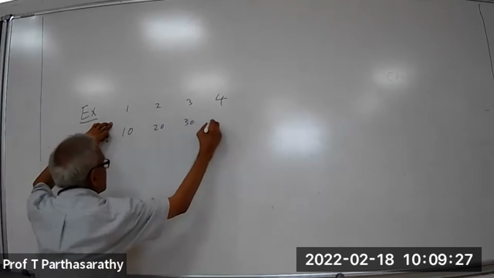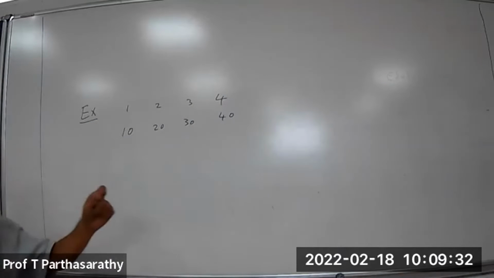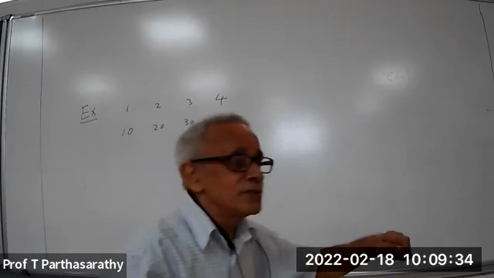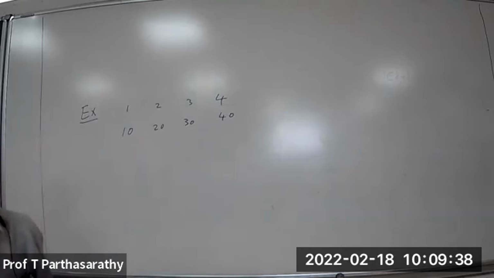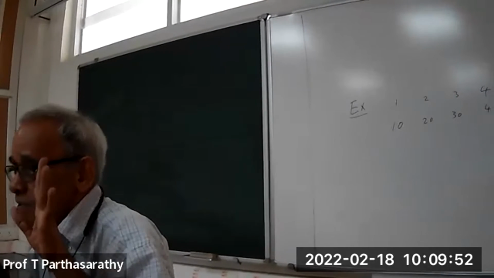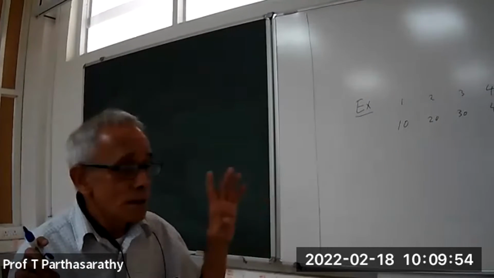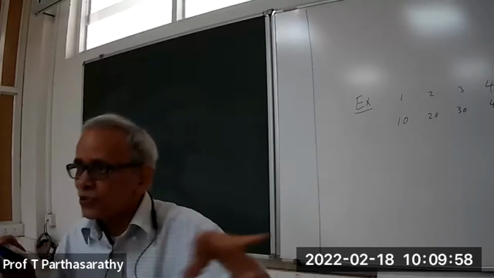I'm writing some arbitrary numbers. The third director has 30, like that. To pass any law for the organization, the players should join in such a way that the sum of the shares must be at least 50.